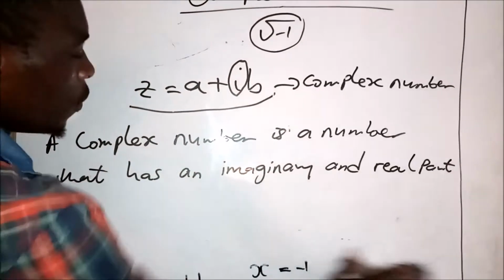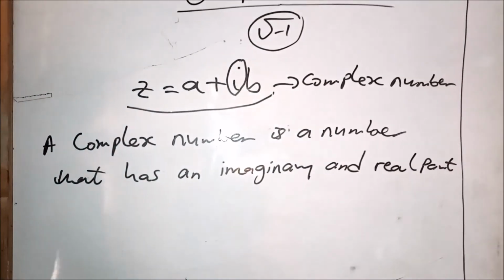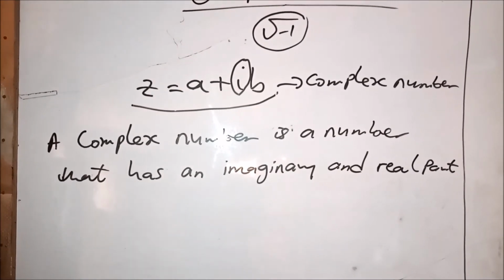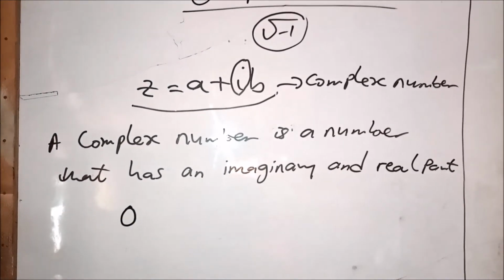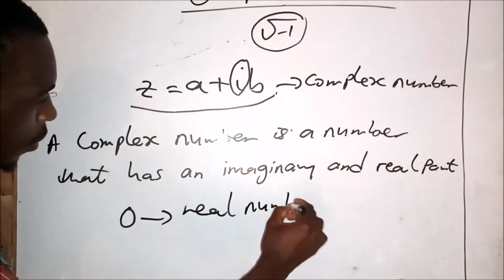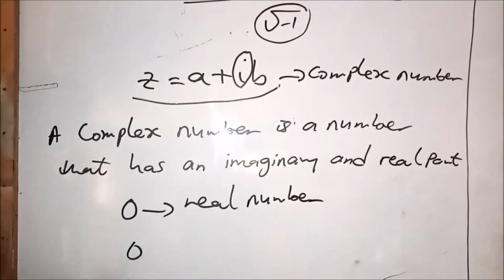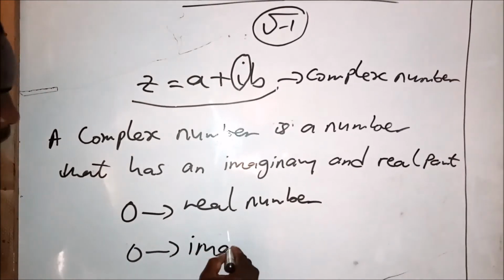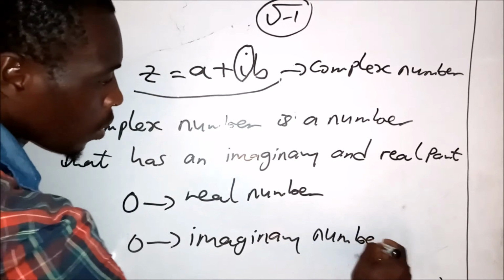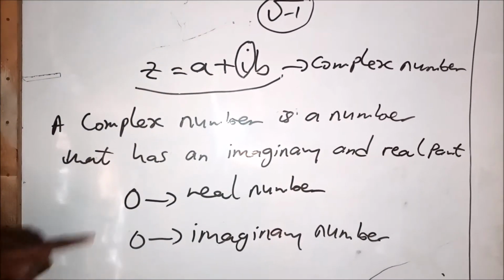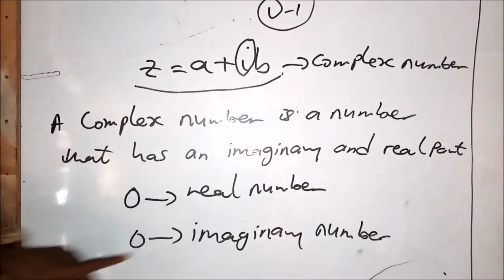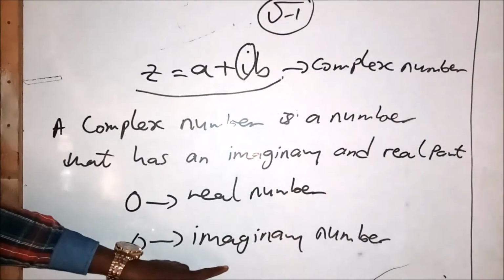Now, let's look at 0. The number 0 can be regarded as both a real number and an imaginary number. So, the number 0 can be a real number or an imaginary number.